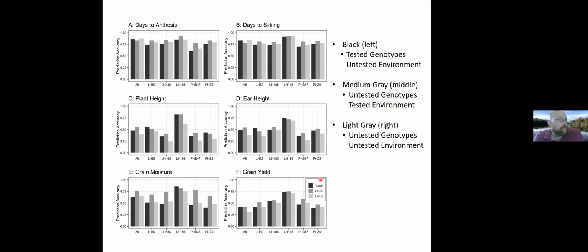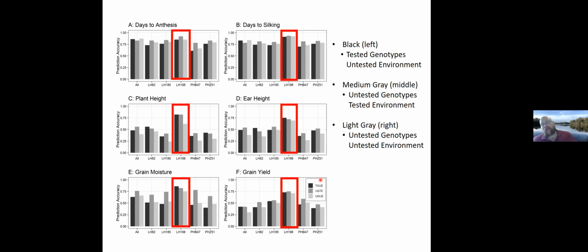So for all the data subsets and the traits, they're all relatively the same, with one notable exception, which is the LH198 subpopulation. It has higher prediction accuracy for all 3 prediction scenarios for the more genetically complex traits, most importantly grain yield. The average prediction accuracy of the other 4 tester subsets is 0.47.